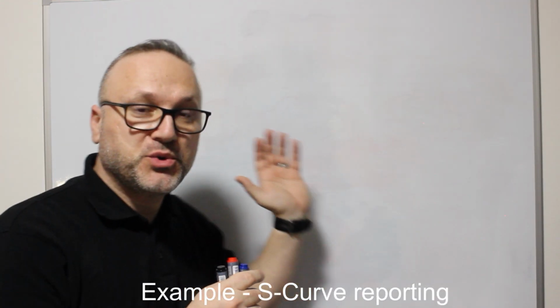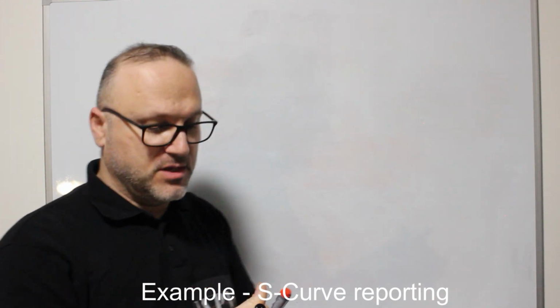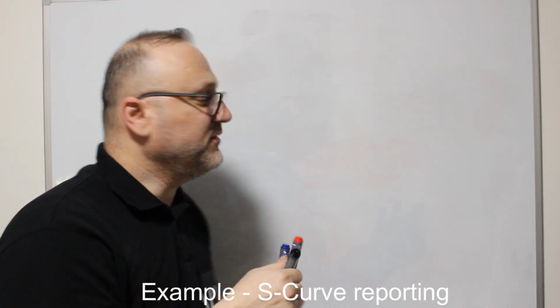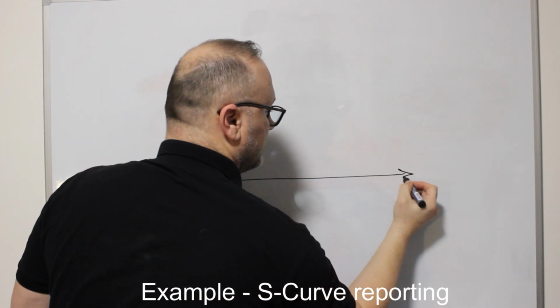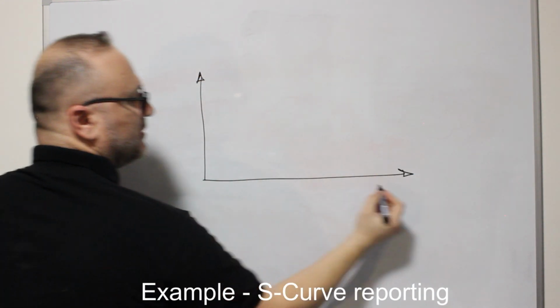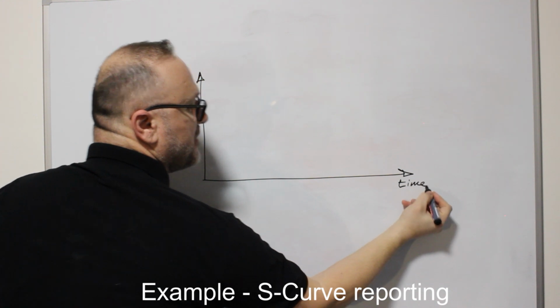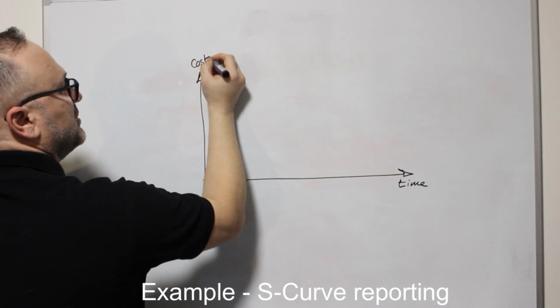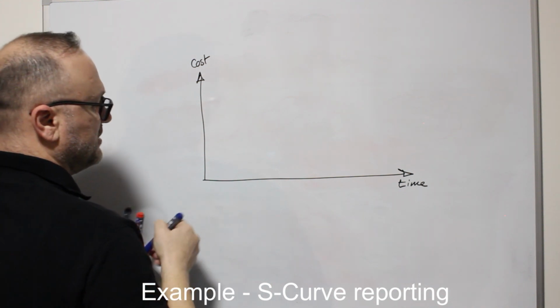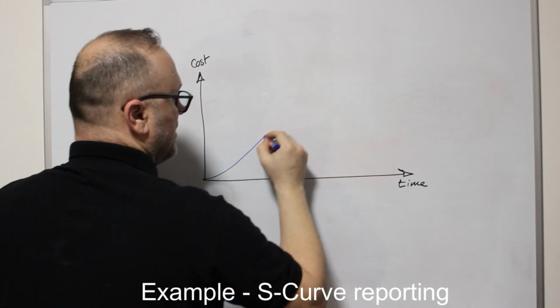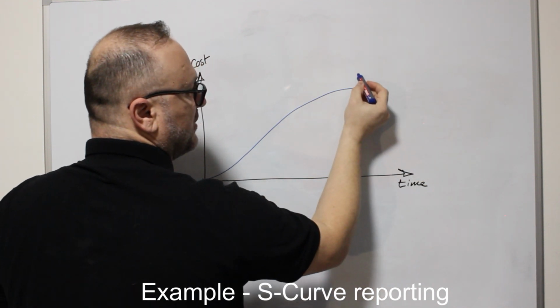Let me now show you an example on the whiteboard for a project which needs to deviate. This is time and this is cost. This is our project, the S-curve.